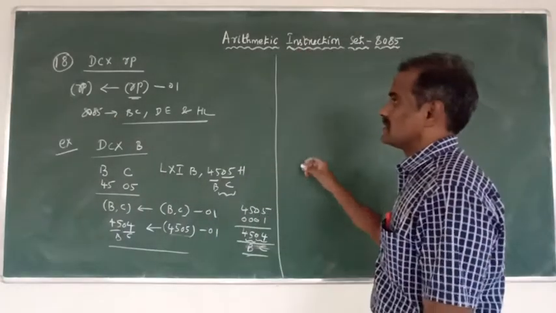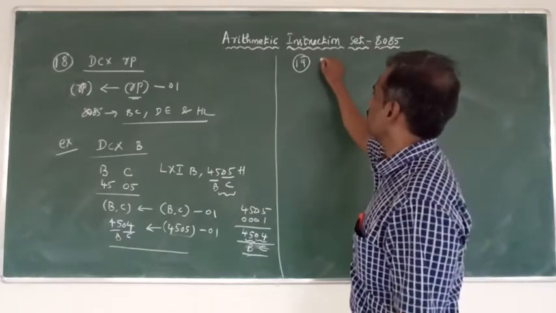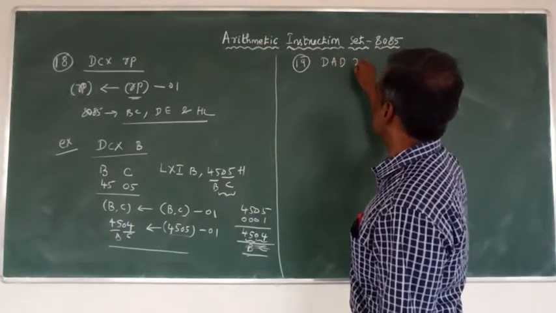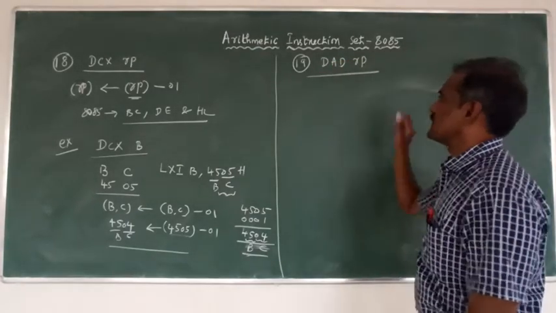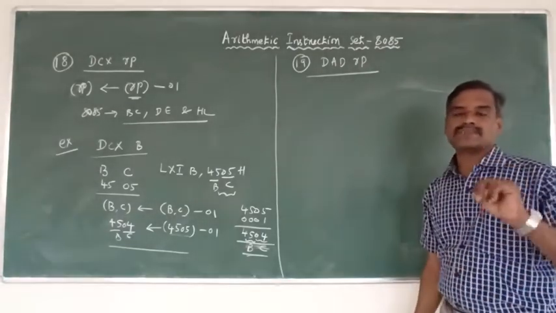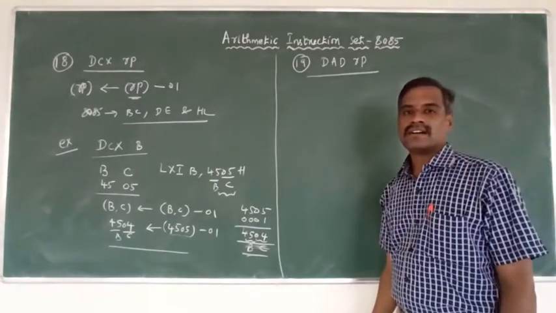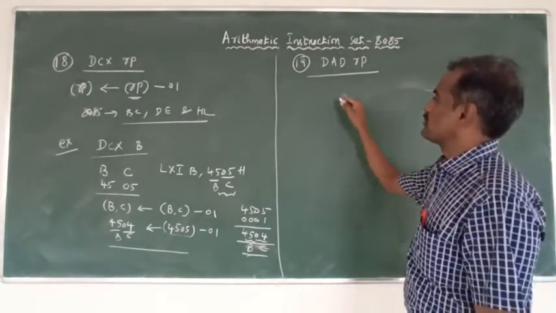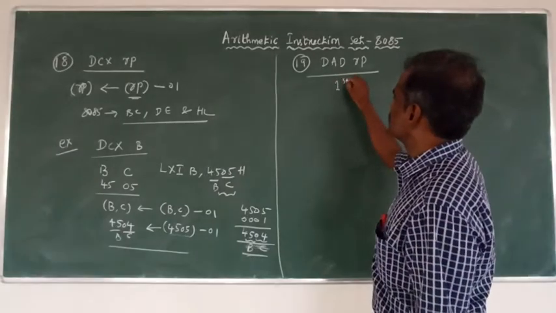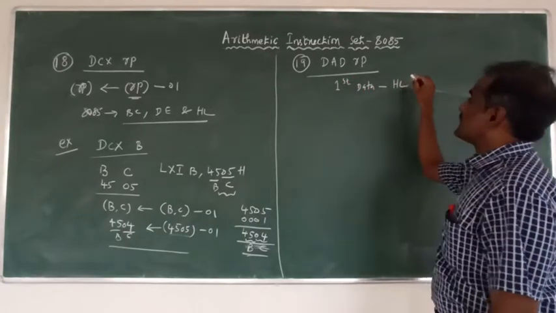Next one, 19th instruction. DAD RP. DAD means to add two 16-bit data. Data 1 is always in the HL pair, the first data always in the HL pair.